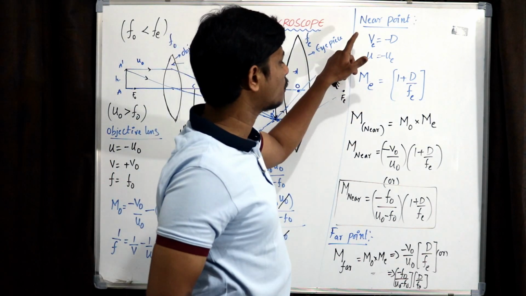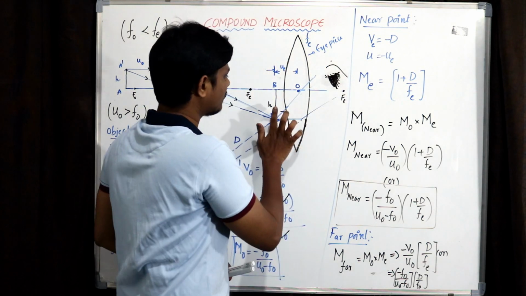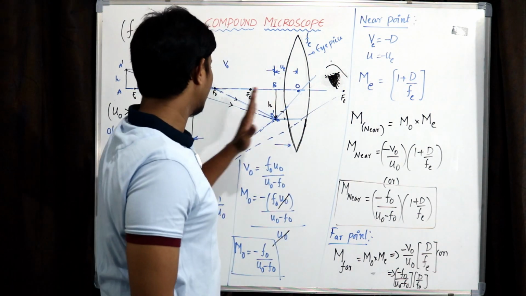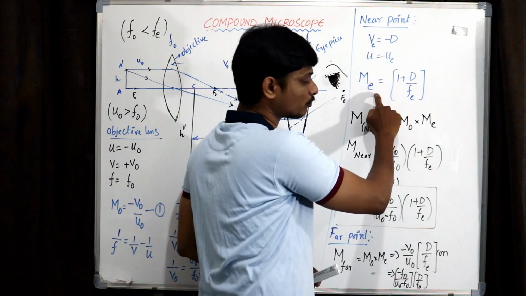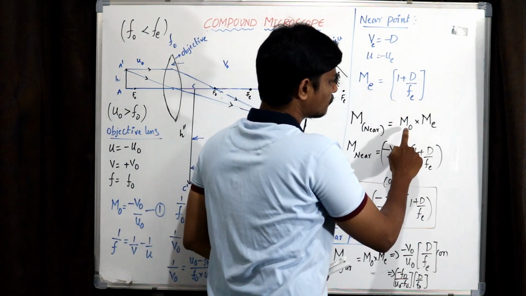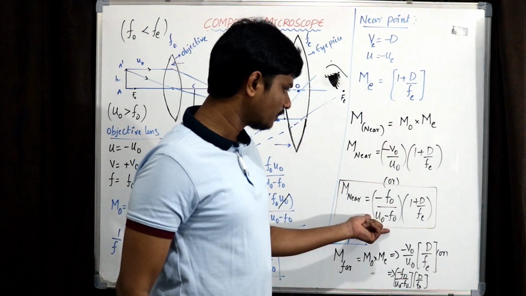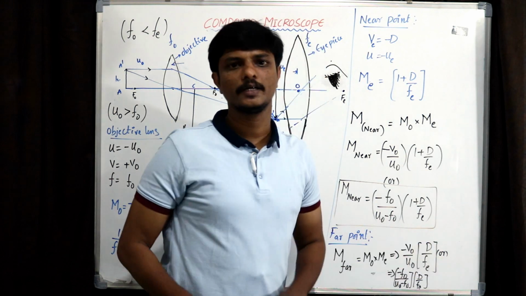The magnification produced by the simple microscope when the object is in between the focus and optical center and the final image is at near point is this. Therefore, total magnification is the objective magnification into the eyepiece magnification, and I have calculated it in both formulas, as well as for far point.